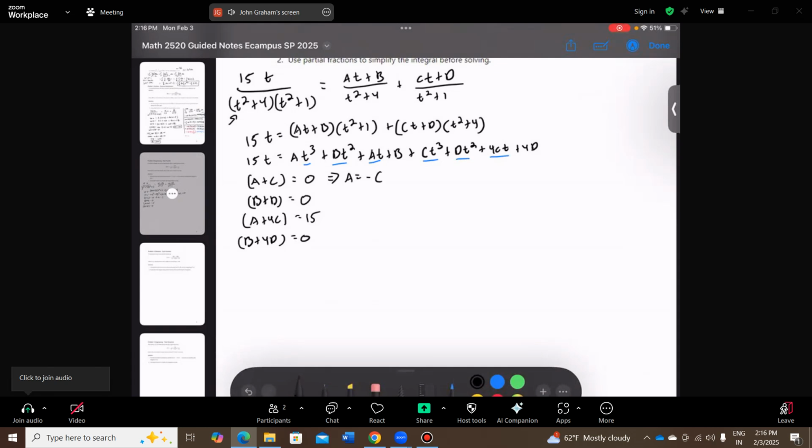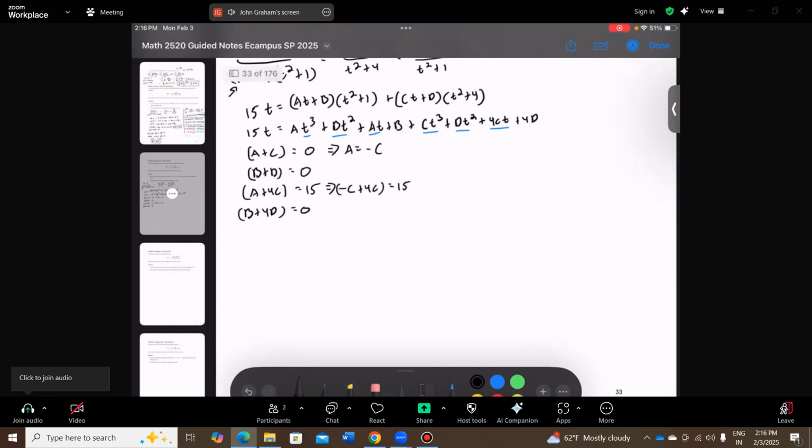So we can say down here, negative c plus 4c equals 15. And I'm going to write this farther down here. But on the other side we can say b equals negative d. So here we can say negative d plus 4d equals 0.